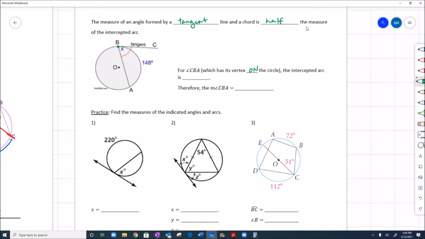The intercepted arc is arc AB. Therefore CBA is half of that intercepted arc. It's almost like an inscribed angle here. And so we can find that angle CBA is 74, half of 148.